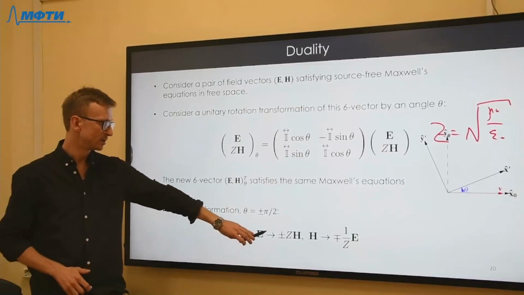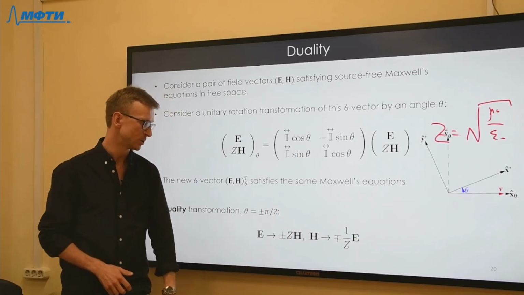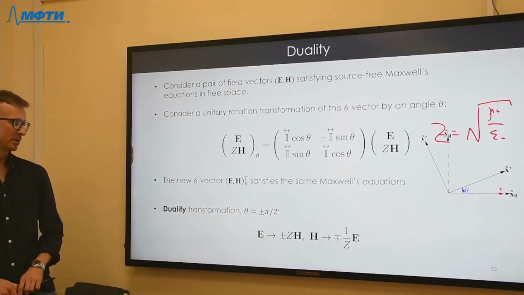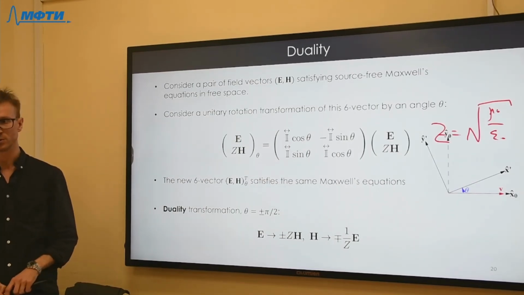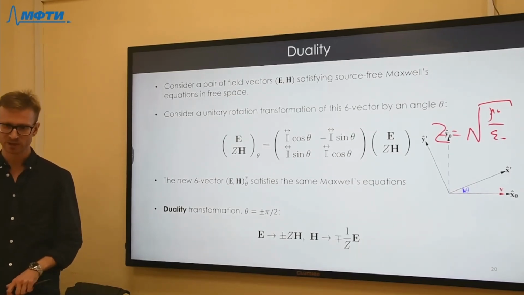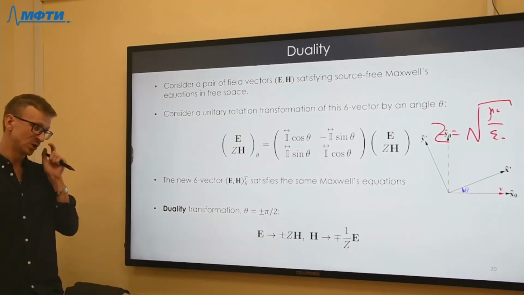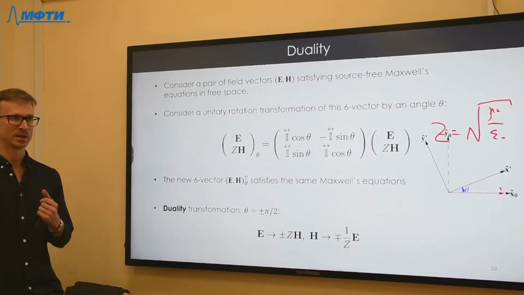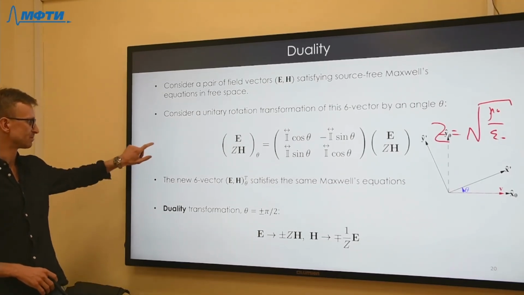So either E is replaced by H and H is replaced by minus E, or vice versa: E is replaced by minus H and H is replaced by E. In this particular case of rotation by plus or minus pi over 2, this is called the duality transformation. So electric field replaces magnetic field, which replaces electric field, with an appropriate sign change. And this transformation in a very strong and simple way highlights the underlying fundamental symmetry that electric and magnetic fields have in electromagnetism.